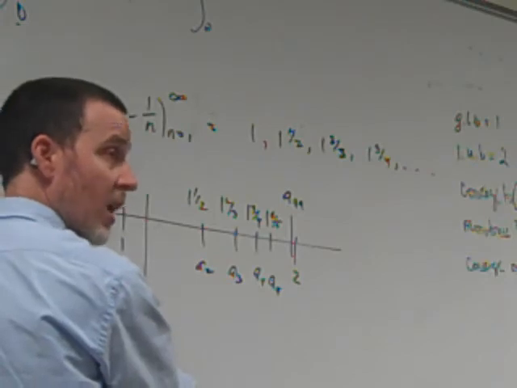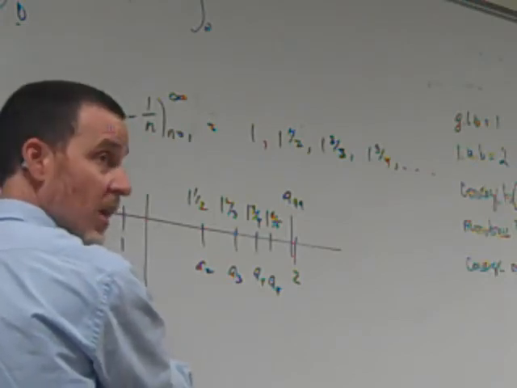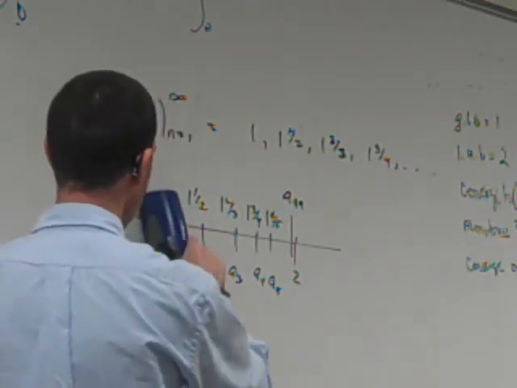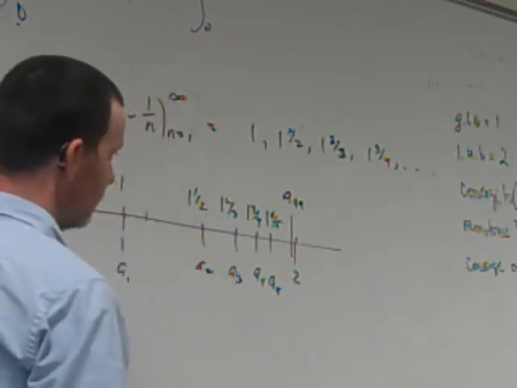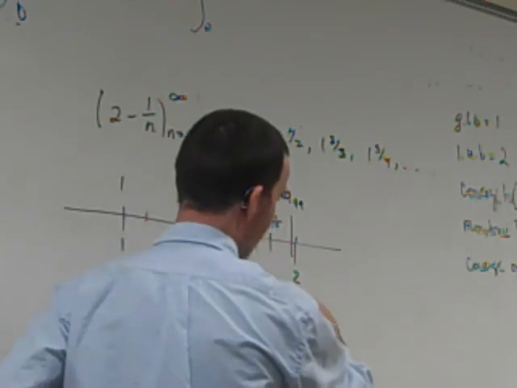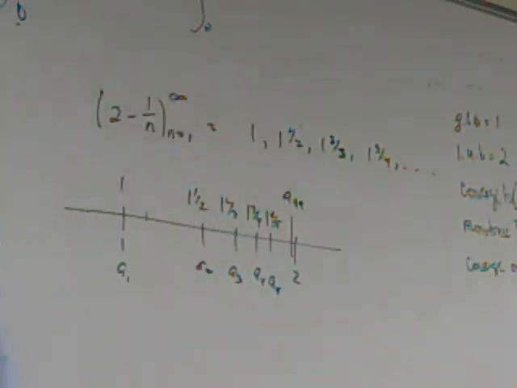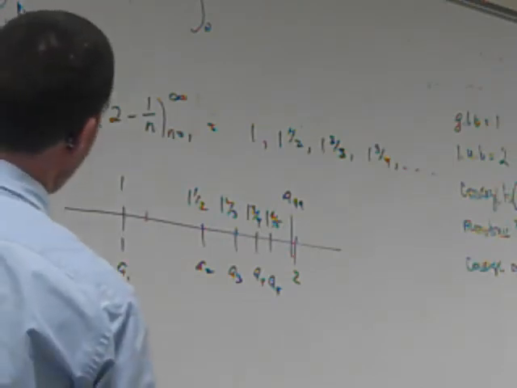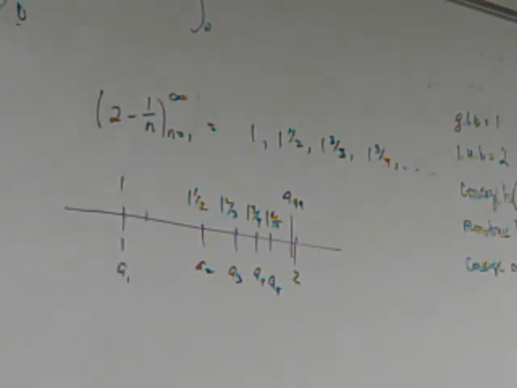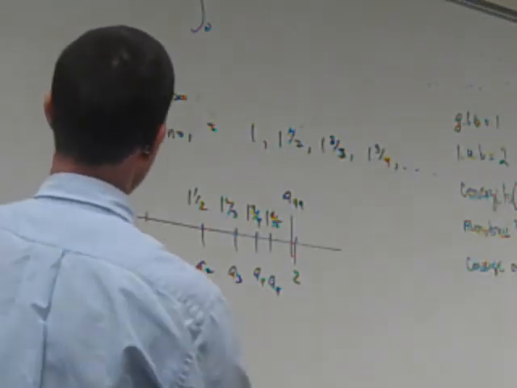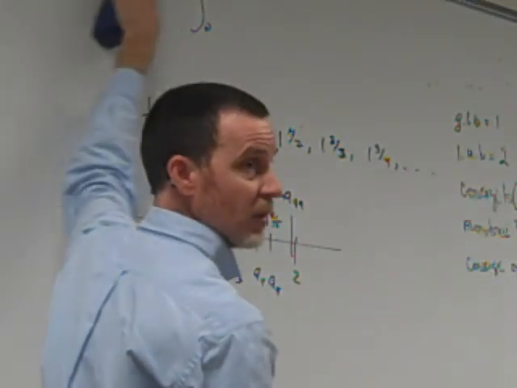You pick any number greater, it's not a lower bound, is it? Because one of the numbers is less than it. Of all the lower bounds, it is the largest. Of all the upper bounds, this one is the least. Does that have any correlation to the n equals 1 up there in the problem? No, it's just a coincidence that the first term of the sequence happened to be the same as the first subscript.